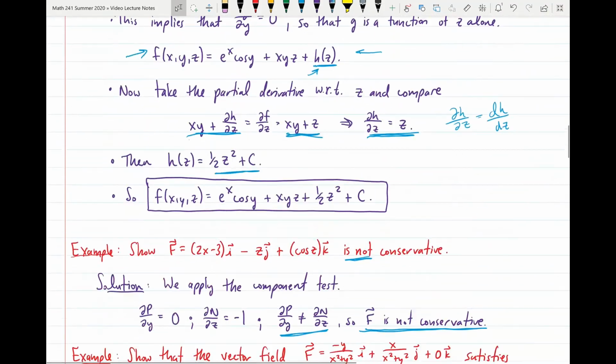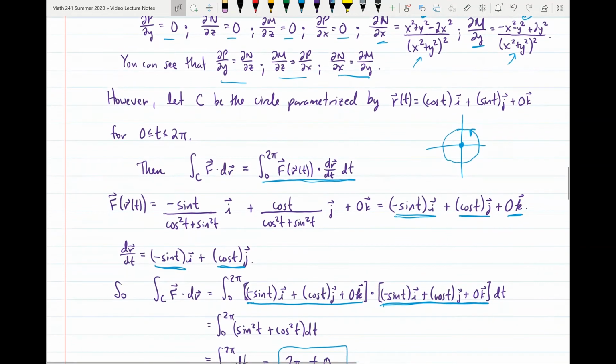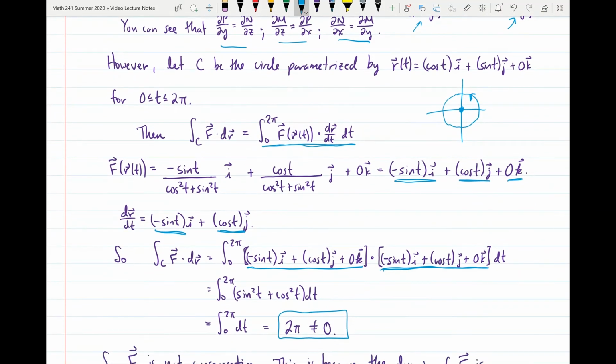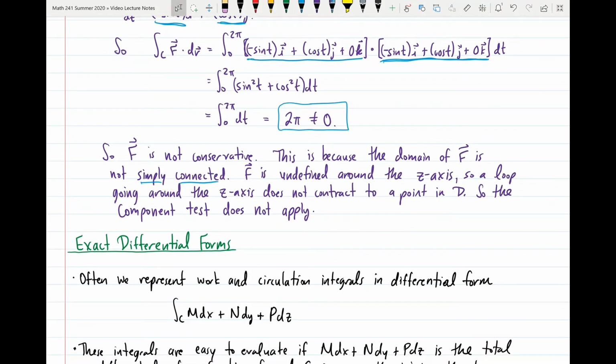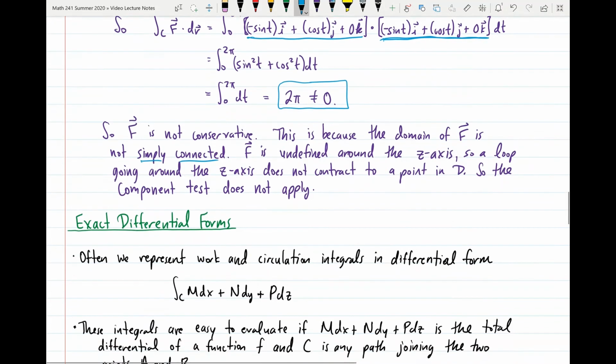And so in this case, we have a vector field that is not defined on a simply connected domain, and we could exploit that fact by finding a curve in the domain of f that encloses a region on which f is not defined. And once we made that curve, we find that the integral of f over that curve is not equal to 0. So again, f is undefined around the z-axis, so a loop that goes around the z-axis does not contract to a point in D. And so the component test does not apply for a vector field like this.